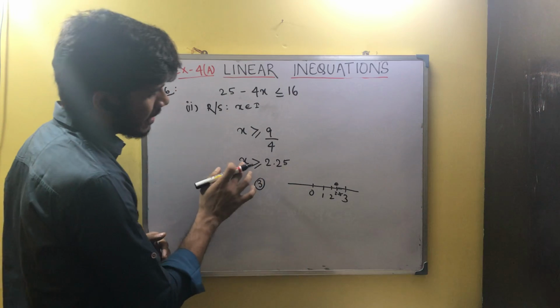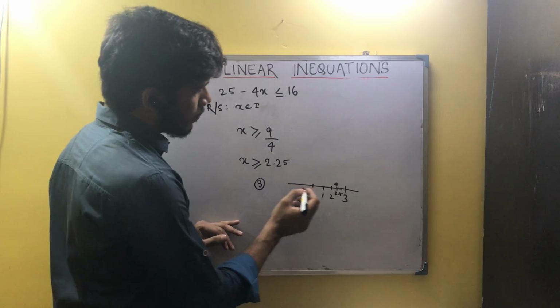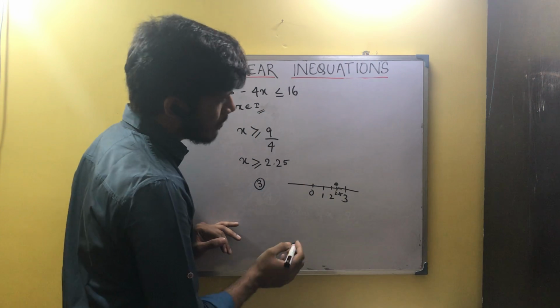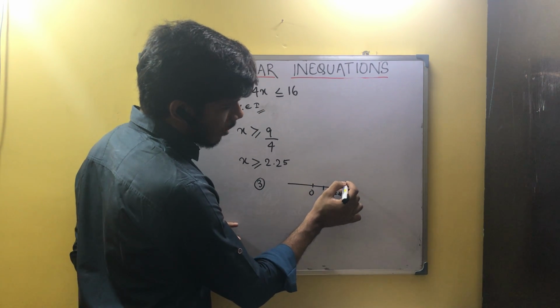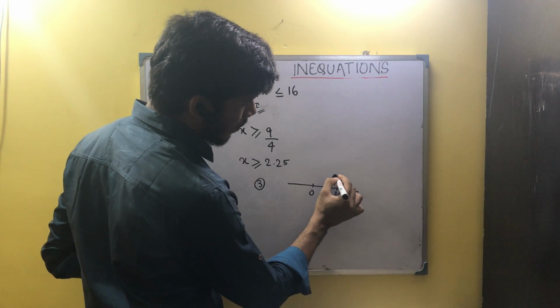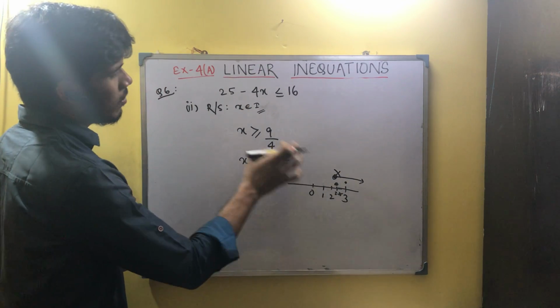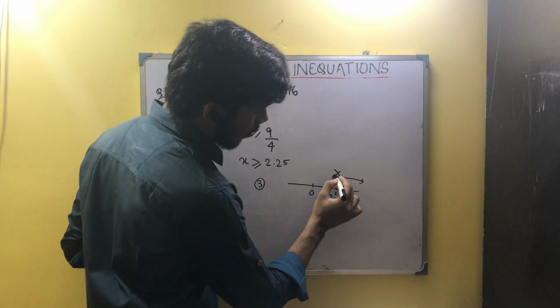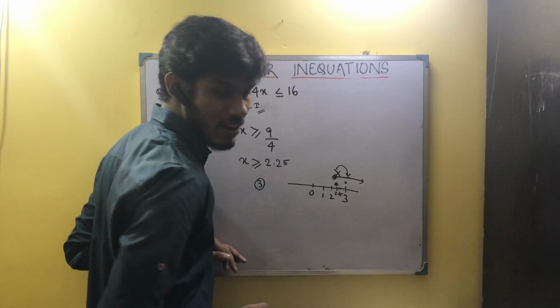It says x can be 2.25, but the replacement set doesn't hold it true, since x can only be an integer. So on moving rightward, the first integer that we will encounter is 3, isn't it?